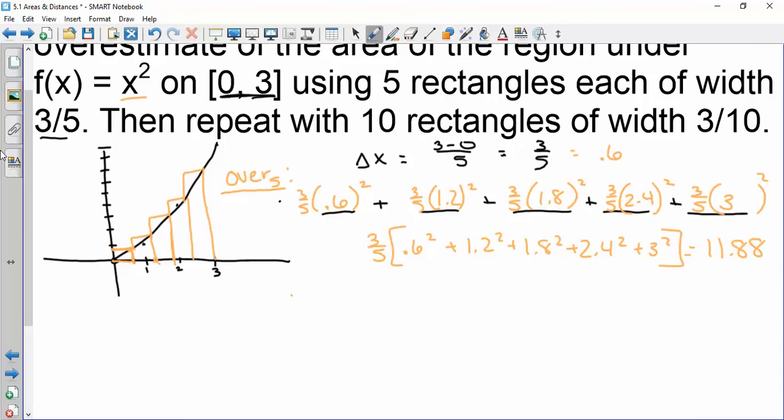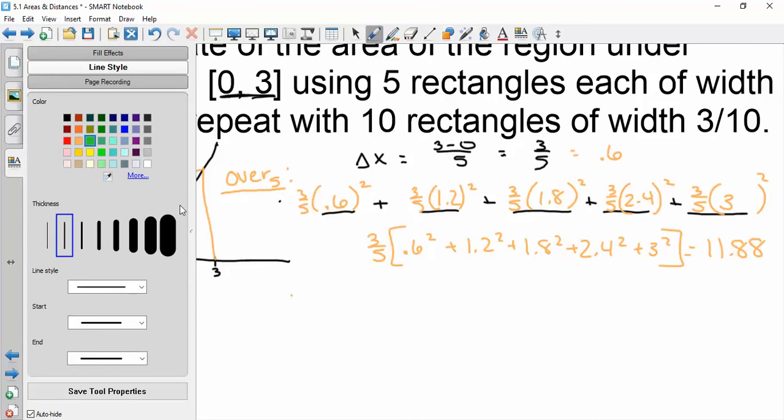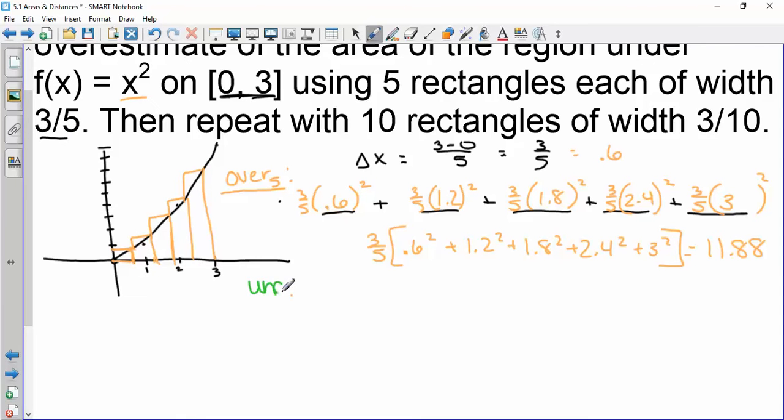Now I asked for an underestimate with 5 rectangles. So first of all, how will my answer compare to the 11.88? It should be smaller, okay?